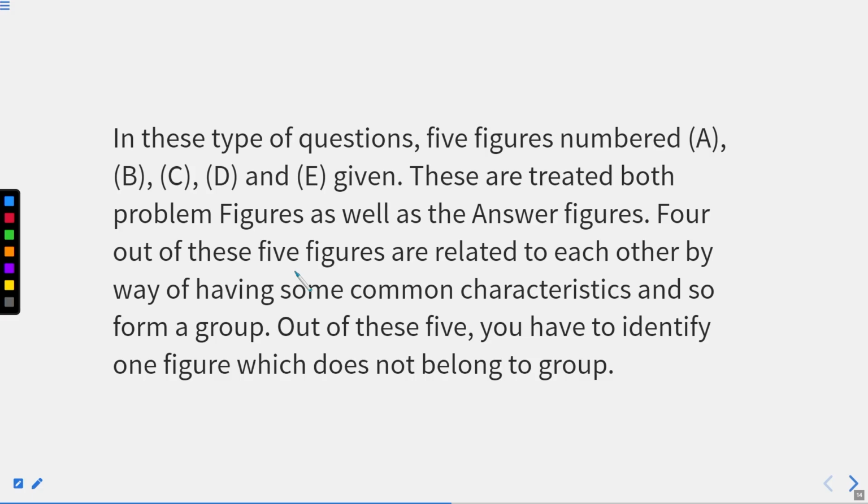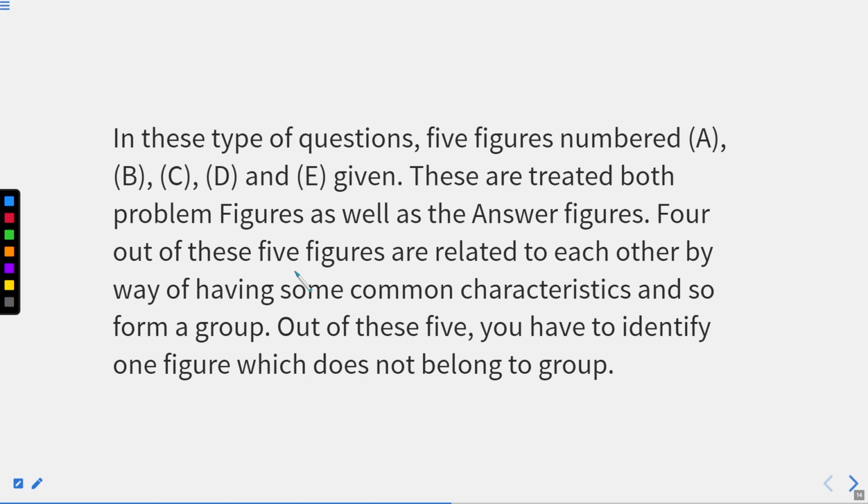The instruction says that in these types of questions, 5 figures numbered A, B, C, D and E are given. How many figures will be given? A total of 5 figures are given. These are treated as both the problem figure as well as the answer figure. I hope you are clear with this.